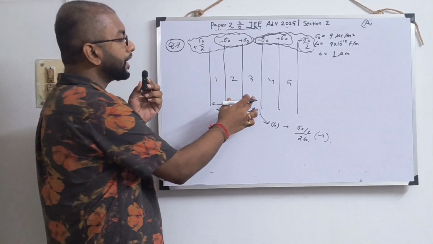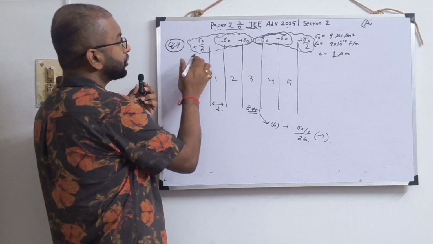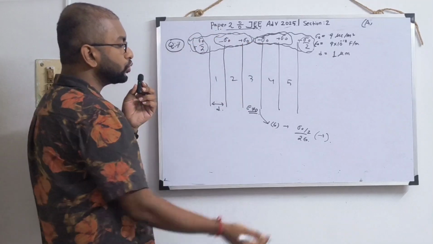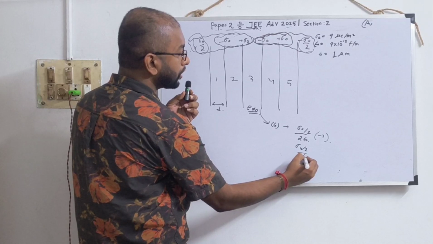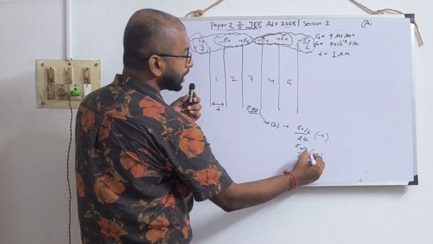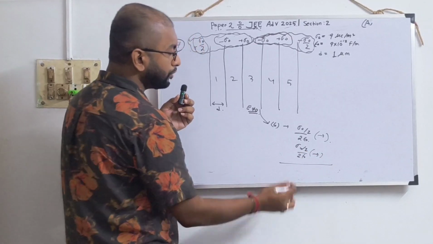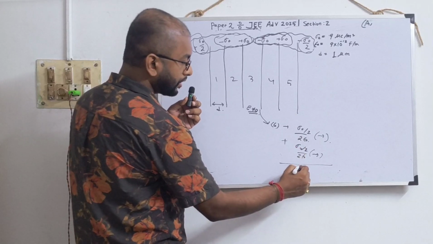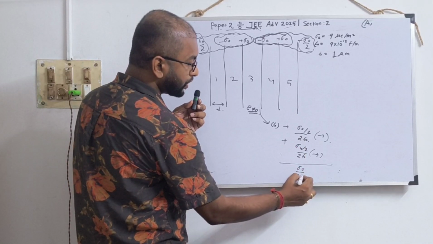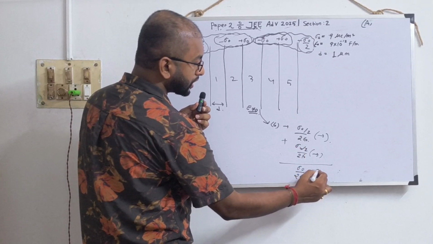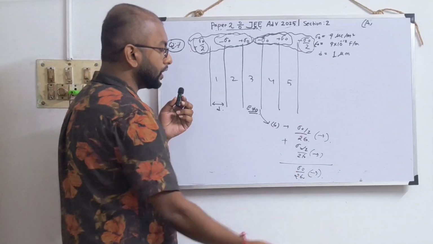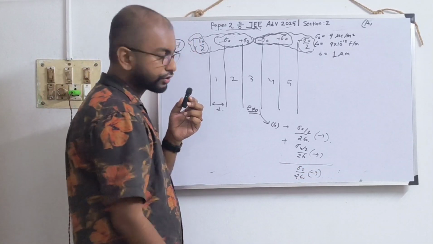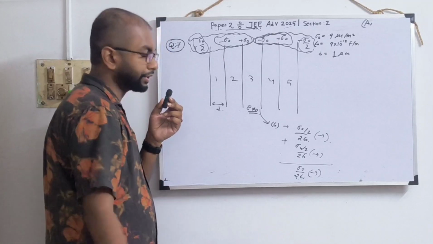So ultimately net electric field due to the left hand side charges will be only due to this charge sigma naught by 2. So that is going to be sigma naught by 2 by 2 epsilon naught, that is also towards right. So total electric field will be this plus this, that is sigma naught by 2 epsilon naught towards right. But in the option it is given sigma naught by epsilon naught only. So this option is also not right. The option number B is also not right.